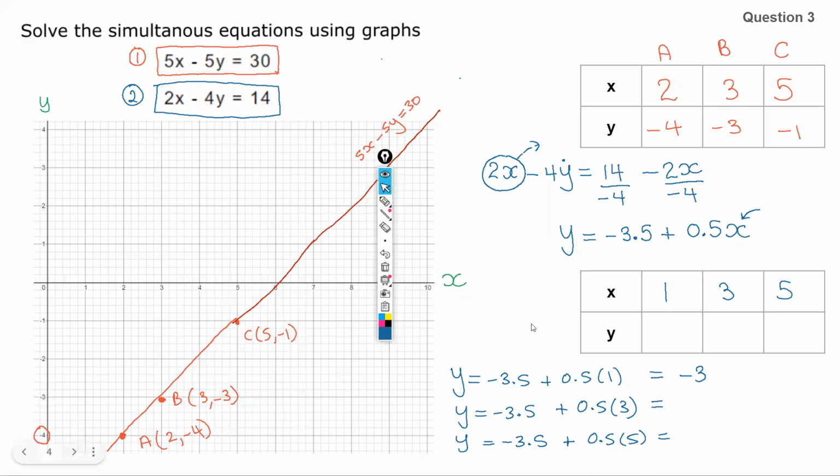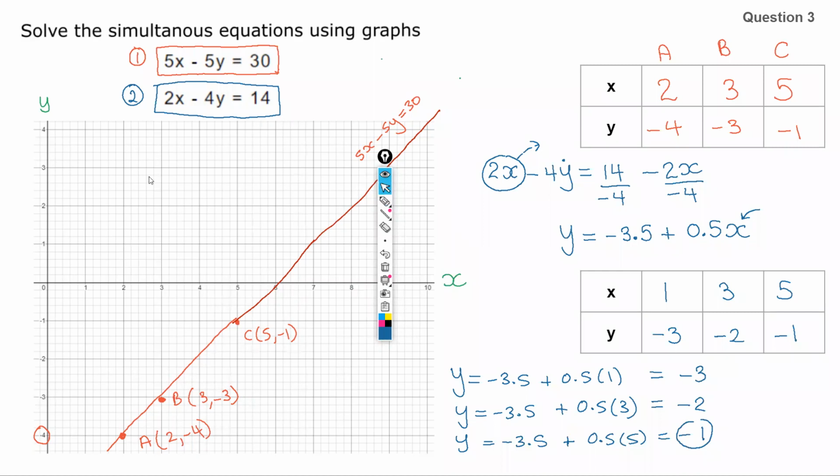When you work out each one of these, you're supposed to get -3, -2, and -1, right? A few people got the last one wrong, the -1, but double check it. Remember, this is -3.5. Work it back and I guarantee you will get -1.